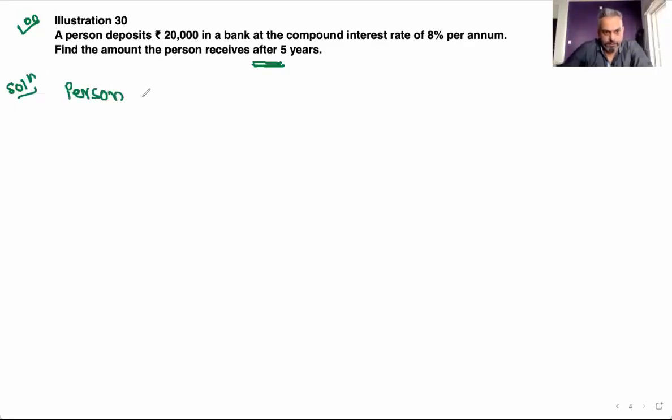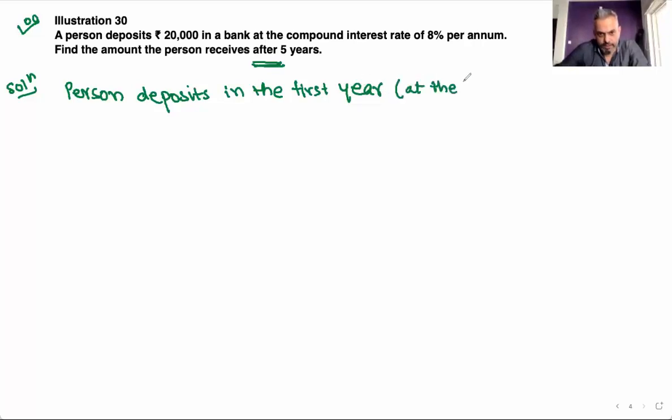Person deposits in the first year, at the beginning of the year, A is equal to rupees 20,000.